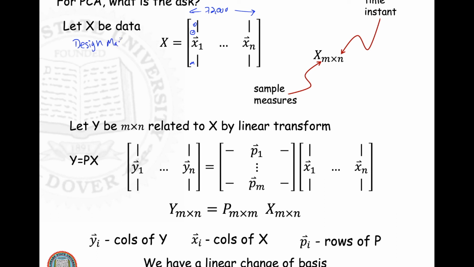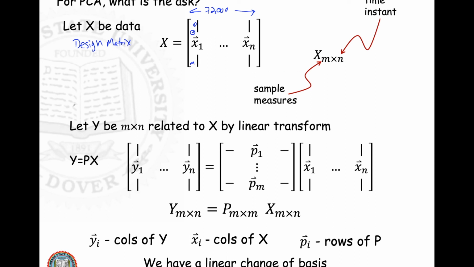A design matrix is nothing more than posing all of your measurements over time as columns, or depending on standards, rows of a matrix. It's the collection of all of your data together. The row index is the number of measurements, in our case 6, and the n index is the time instant.